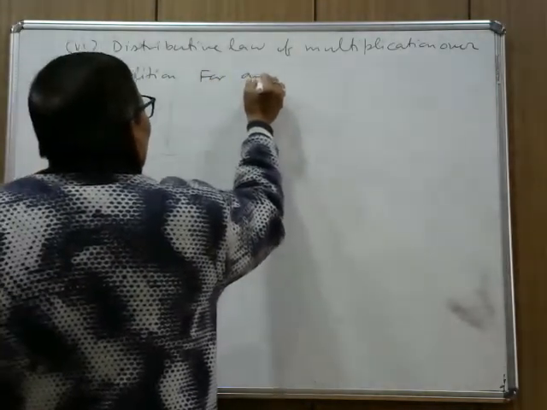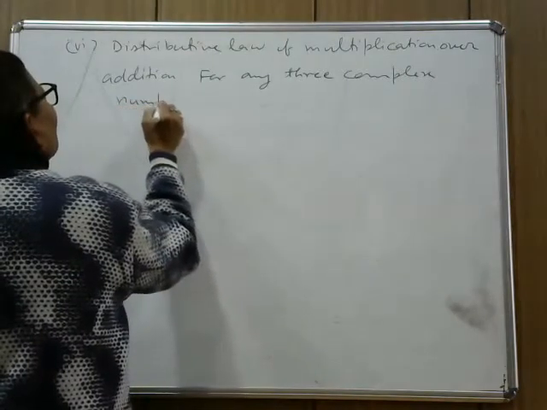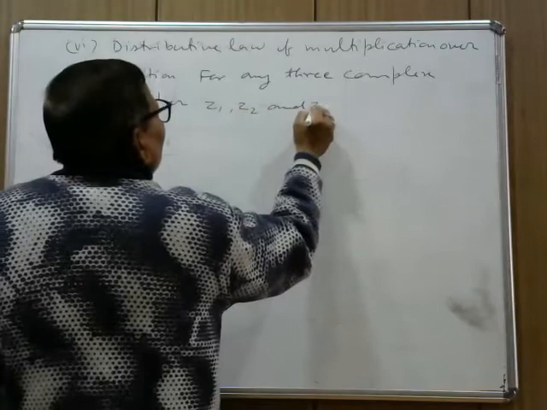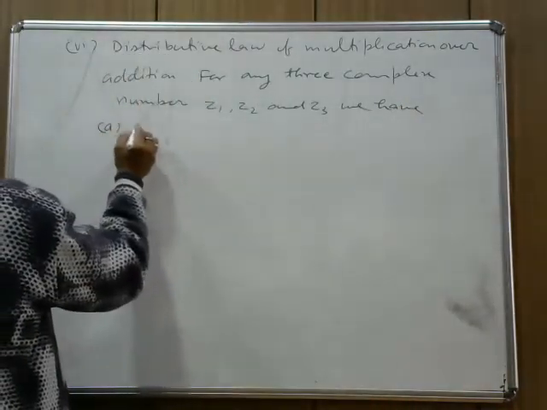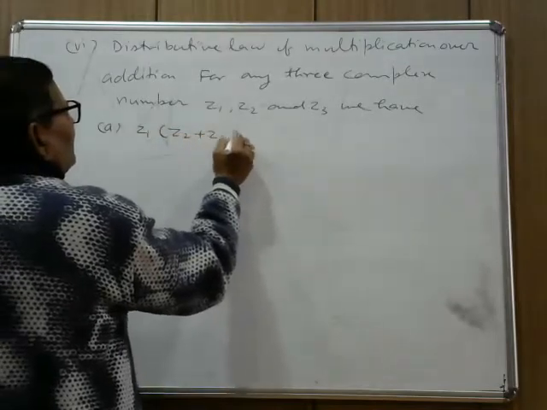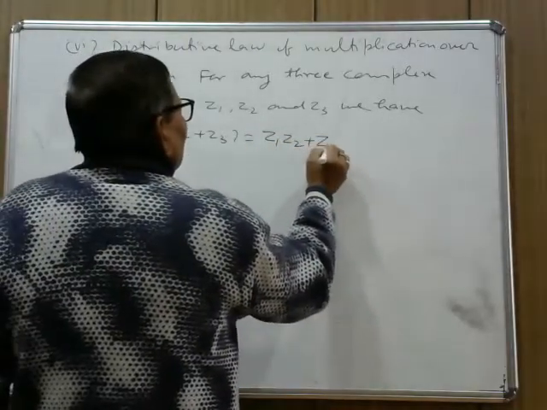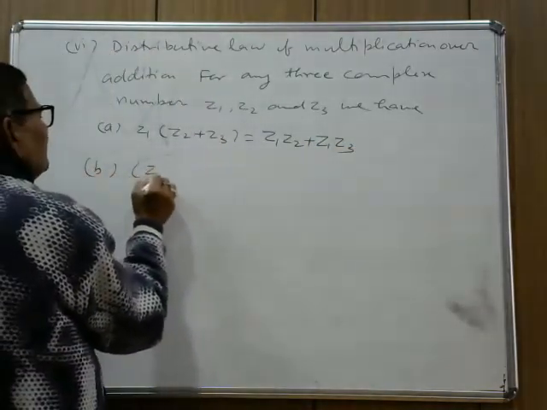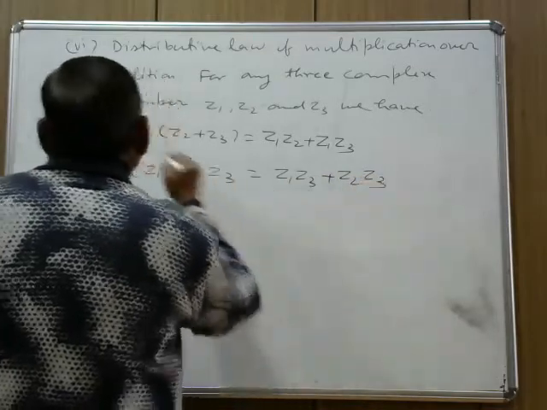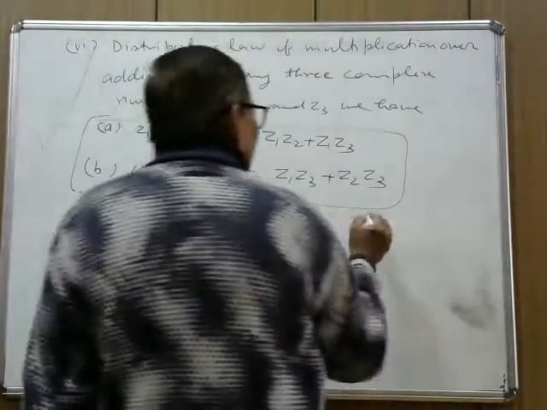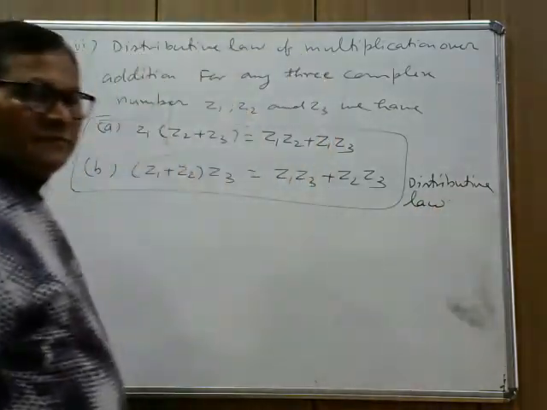For any three complex numbers Z1, Z2 and Z3, we have (a) Z1 into (Z2 plus Z3) equals Z1 Z2 plus Z1 Z3, and (b) (Z1 plus Z2) into Z3 can be written as Z1 Z3 plus Z2 Z3. This is called the distributive law.